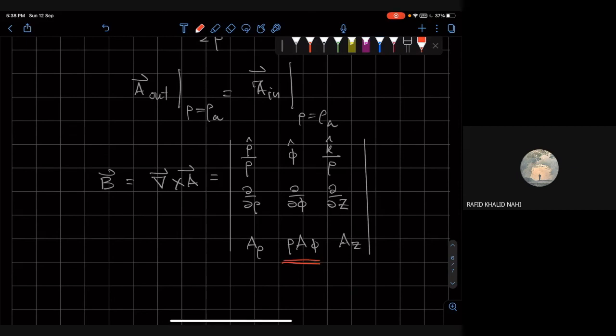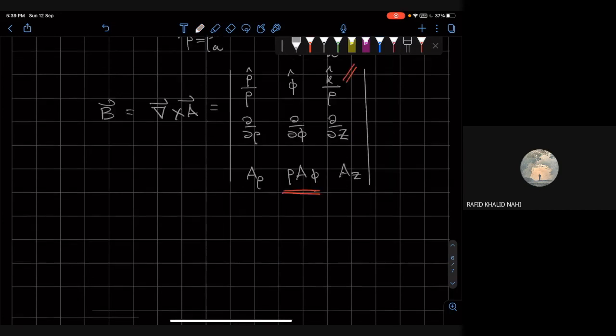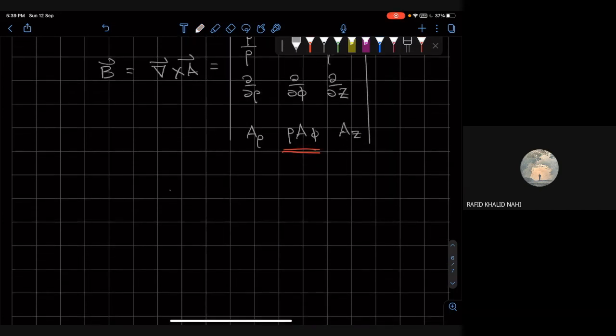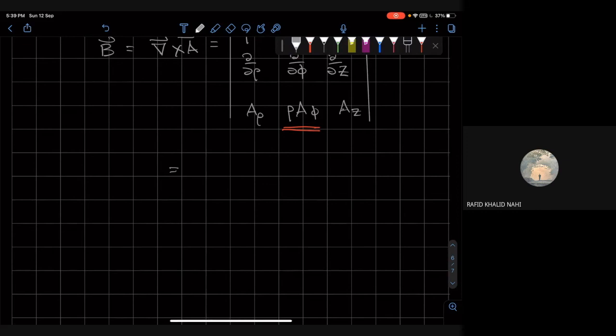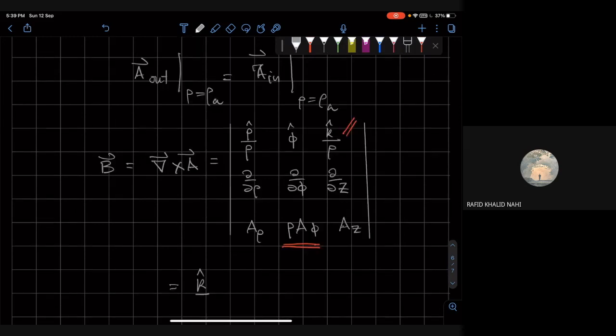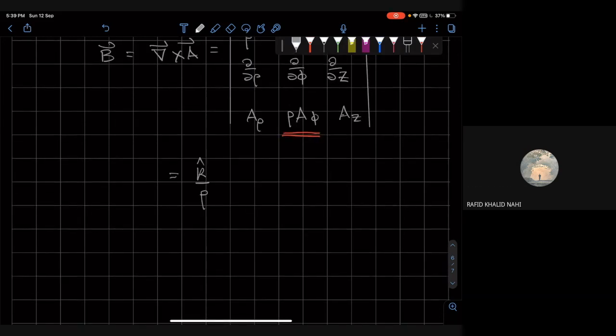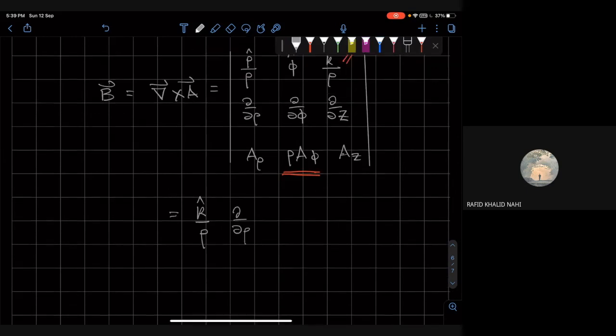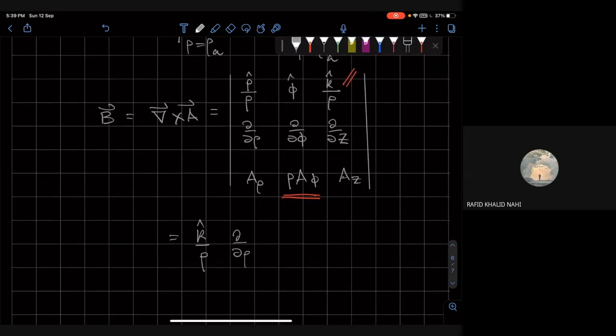Now, in this case, the only non-zero component of my vector potential is this one. And we kind of know that this is the only one that's going to give rise to the magnetic field. So if you calculate this, we just get k hat divided by rho, and then d by d rho, and then rho times A phi.